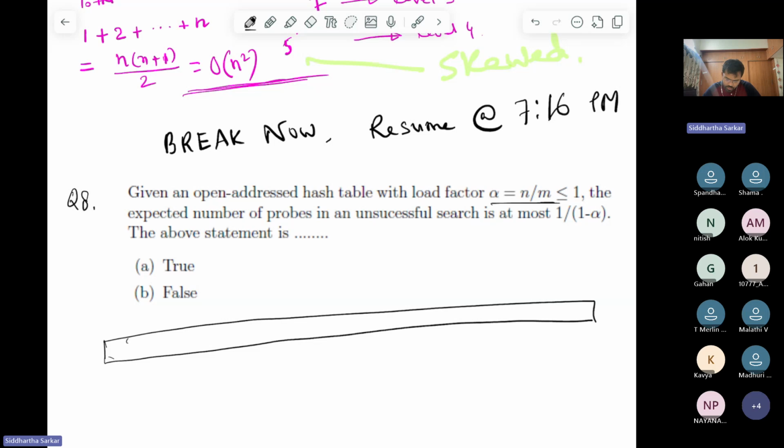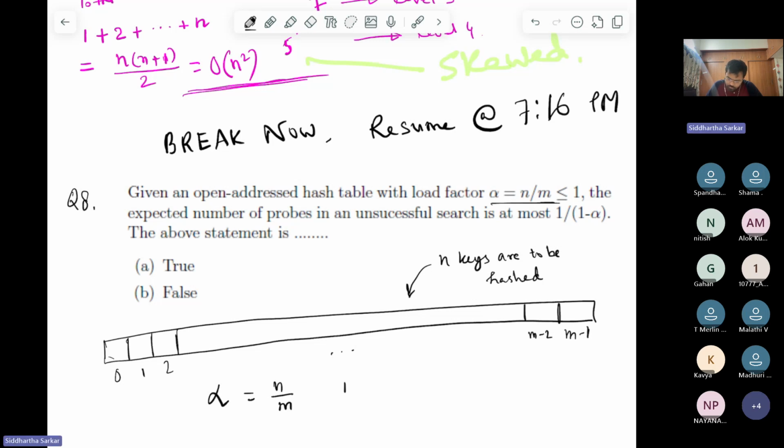There are m slots in the hash table, and n keys are to be hashed or stored into this hash table. So what percentage of the hash table is filled? That is the load factor. It is n by m.